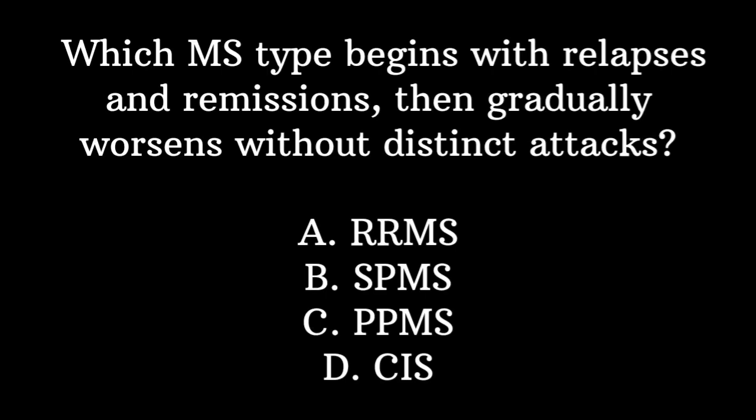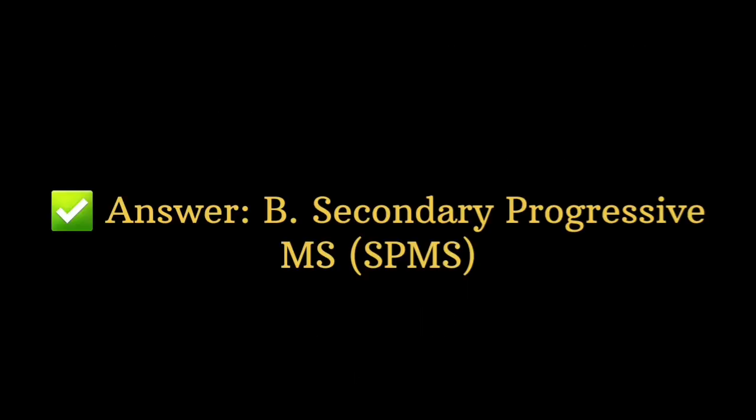Question. Which multiple sclerosis type begins with relapses and remissions, then gradually worsens without distinct attacks? Options A. RRMS, B. SPMS, C. PPMS, D. CIS. The correct answer is option B. SPMS, that is secondary progressive multiple sclerosis.